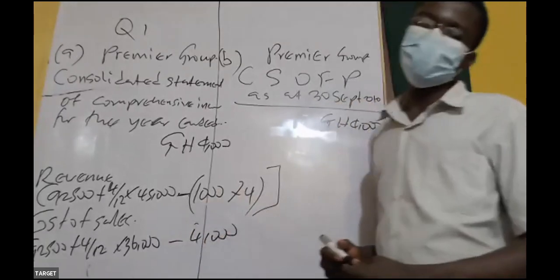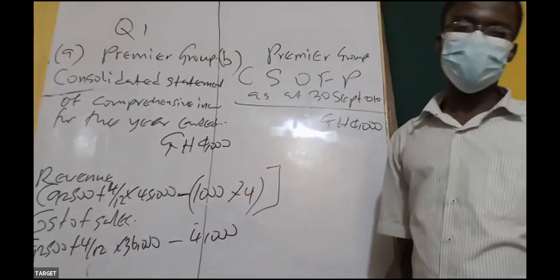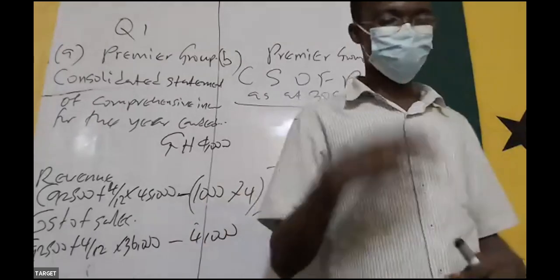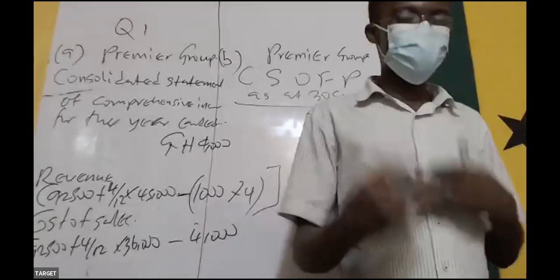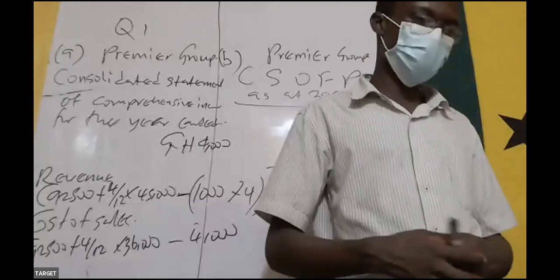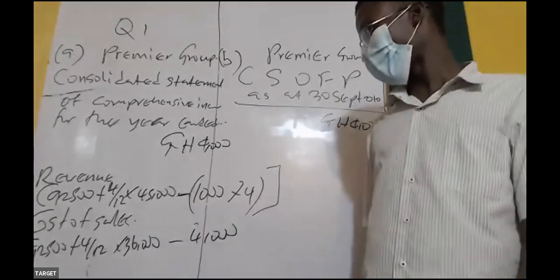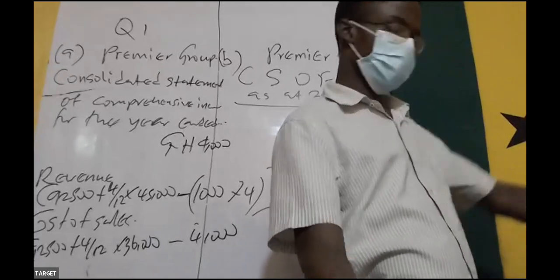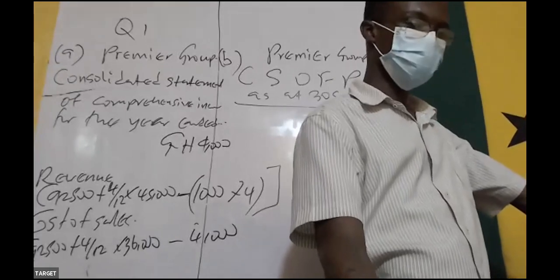Then you wait. If there's any other item, we charge it to it. They've mentioned the asset depreciation that they've charged in cost of sales. So that one will be added back, it must be reduced. So the depreciation is high.